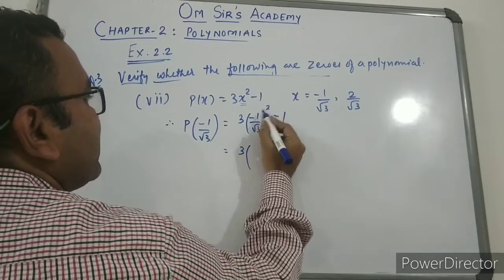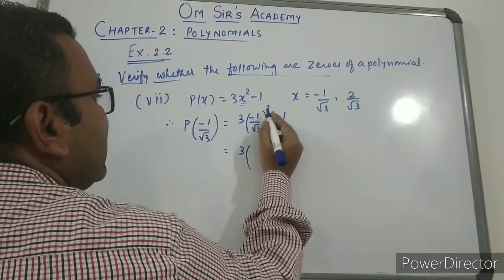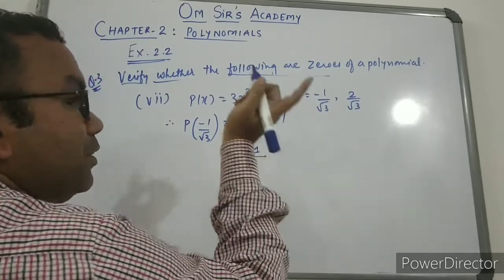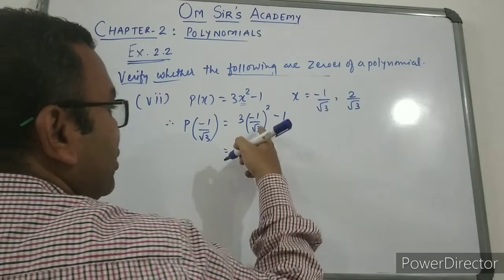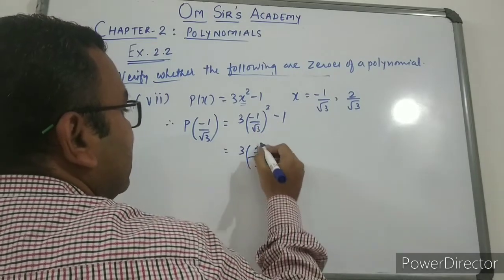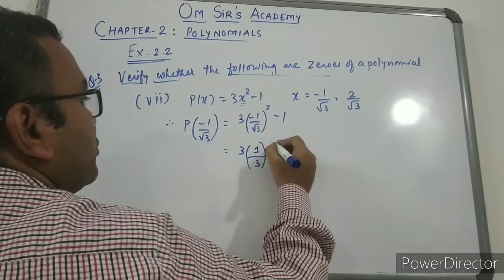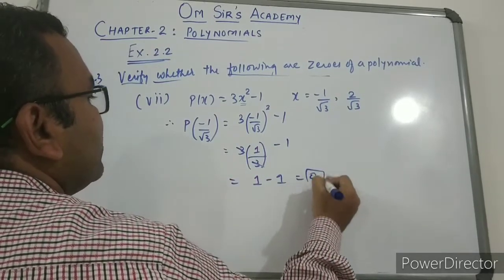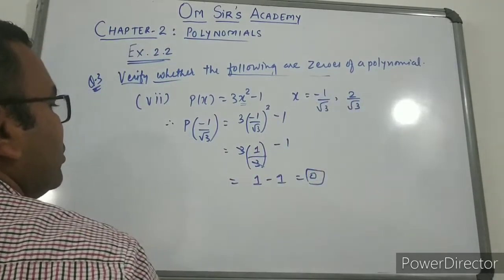What is the square of minus 1? Minus 1 into minus 1 is plus 1. And what is the square of root 3? We have already learned in the first chapter, number system. Root 3 into root 3 is 3. So minus 1, this 3 will get cancelled. So 1 minus 1 is what? 0. So yes, this is also 0 for the polynomial.